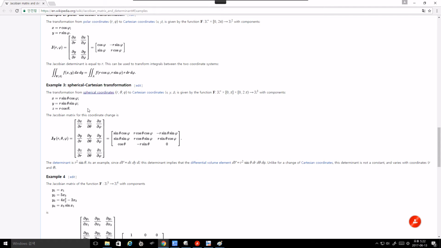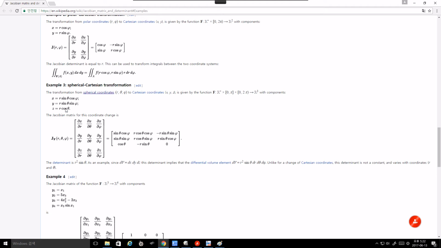The Jacobian matrix. Now it is a multivariate function because the function takes the values x, y, z, and the variables are r, theta, phi. So for the Jacobian, in the first column we take the derivative with respect to r. In the second column we take the derivative with respect to theta, so r cosine theta cosine phi, r cosine theta sine phi, and for cosine theta the derivative is minus sine.